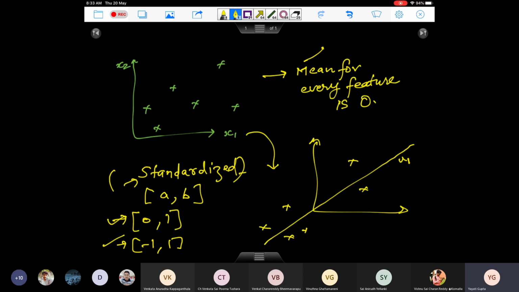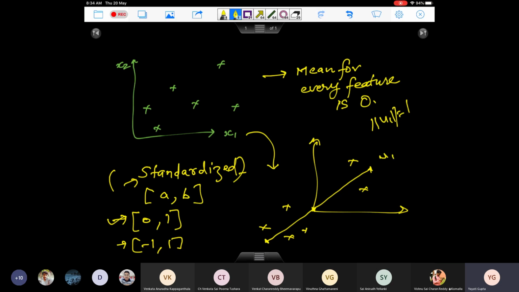So assume that you have standardized your data. For simplicity's sake, let's assume it is right now between 0 to 1. I'll take this direction U1 and ensure that the length of this vector is equal to 1. What I mean by that is the norm of this U1 is equal to 1. I hope you know what is meant by a norm.